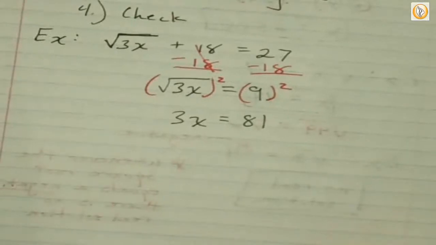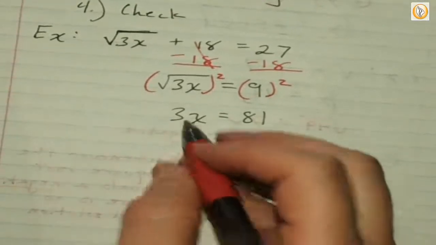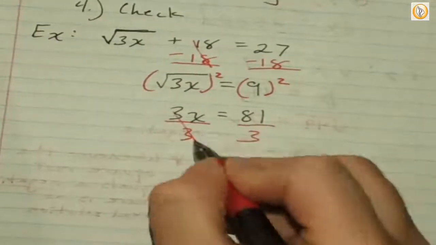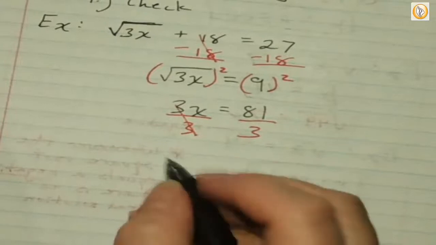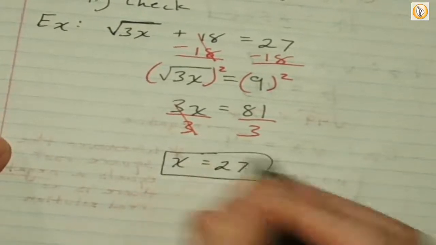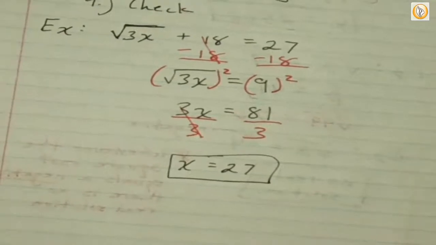Do you understand that? Okay, now, intruder alert. And we get x equals 27. Any questions? None? All right, keep moving because I got 2 more pages of notes.